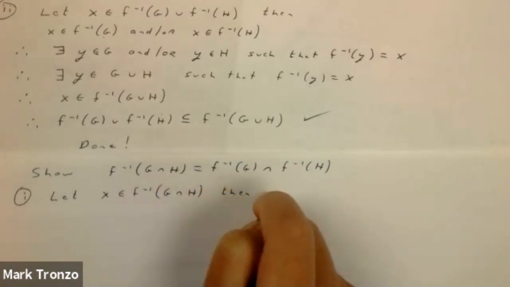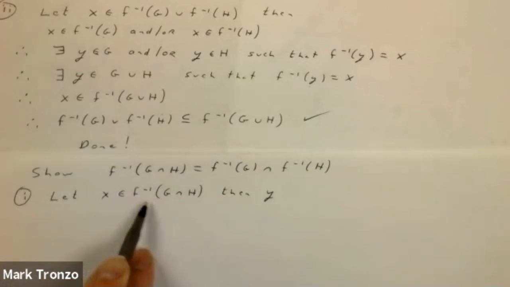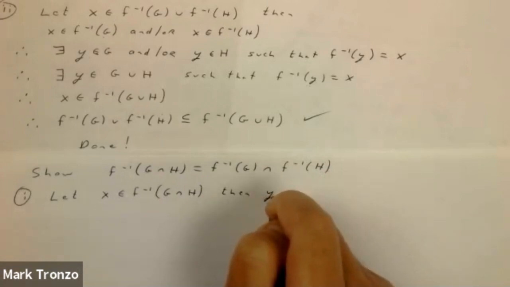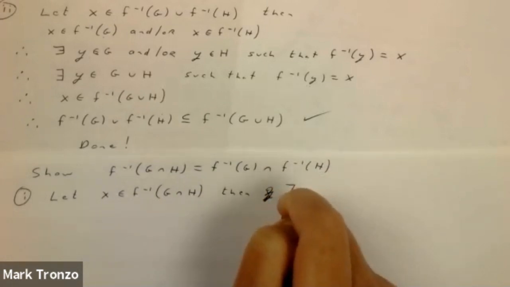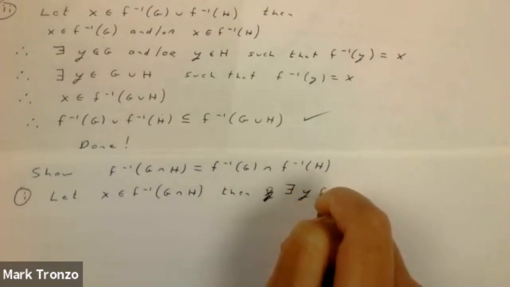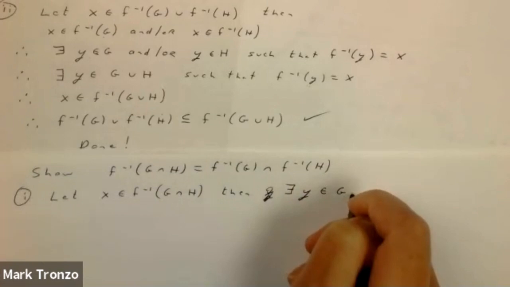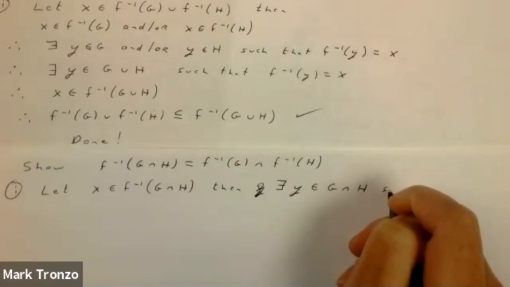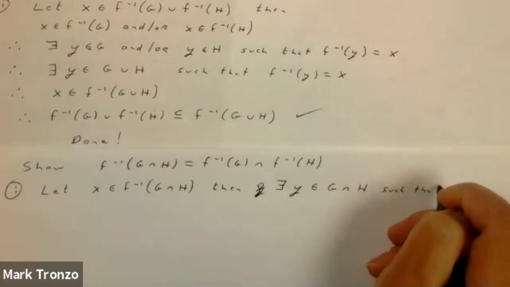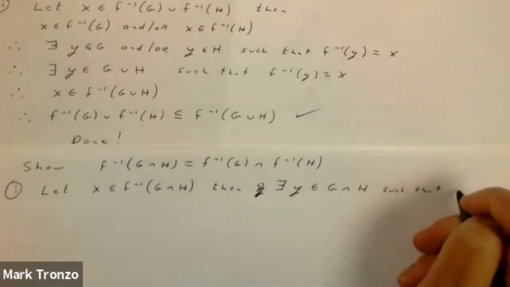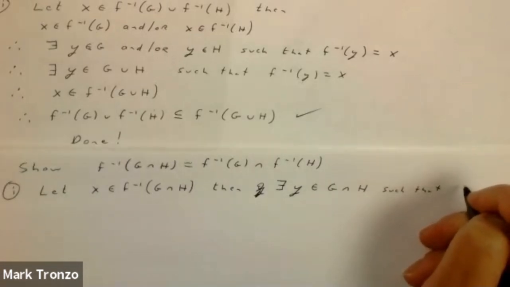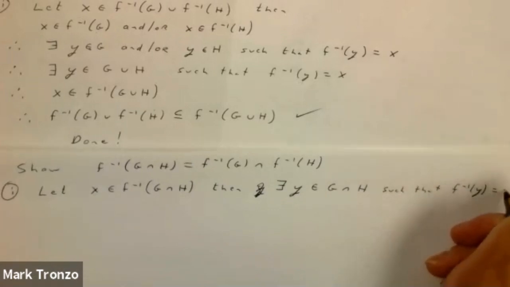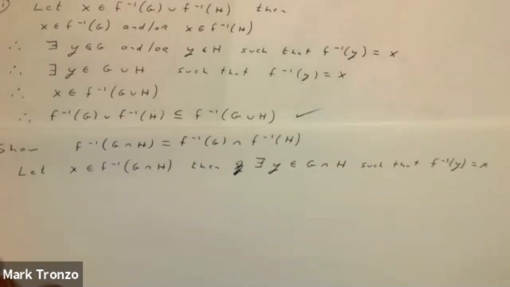Then, in other words, if we let something be in here, then there exists a Y in G intersection H such that F inverse Y is equal to X, like that.